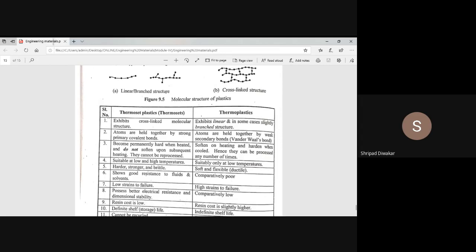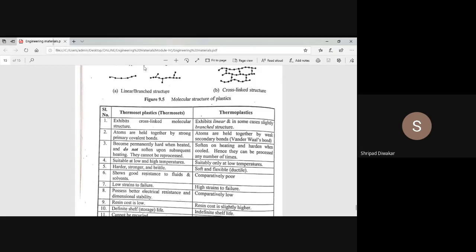Next, thermoset plastics show very good resistance to fluids and solvents. Sometimes we use lubricating oil in machining parts, and in such cases these are most useful. Thermoset plastics have very good resisting properties to fluids and solvents.